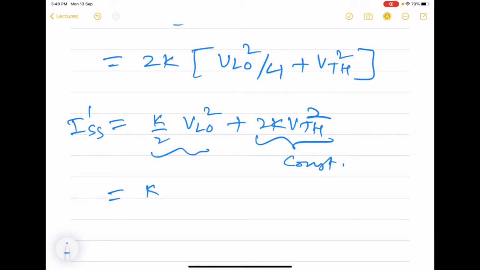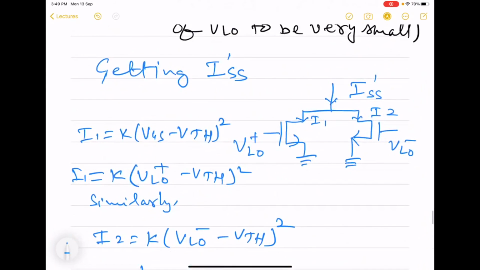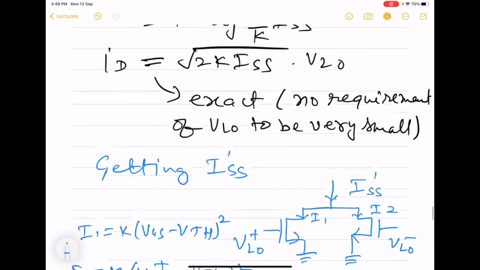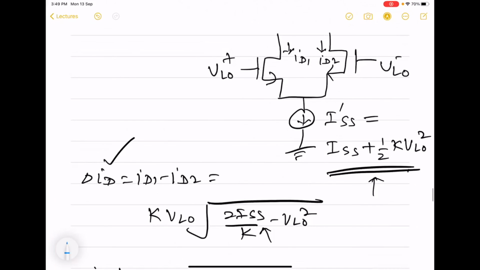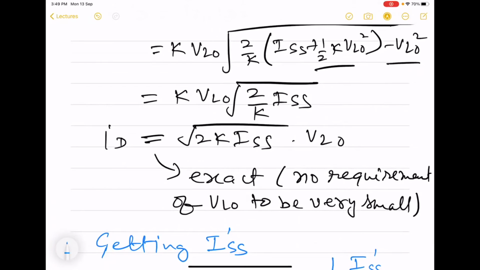So we can say that we get K by 2 VLO square plus, let us call the second term as ISS. So we see that this simple circuit is able to generate this kind of ISS which we need, so that ultimately the difference current, delta ID rather, is product of two quantities, LO and square root of ISS.